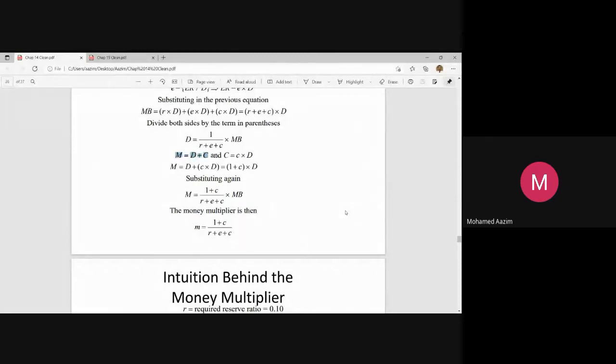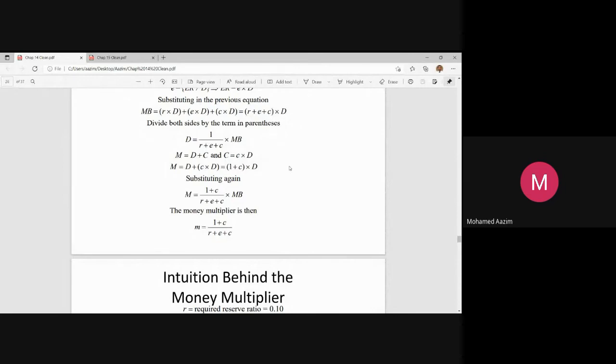So you already know this component. This is the currency ratio times deposits is the currency. So you are now trying to expand this C with this component. Okay. So small c, the ratio, times the deposits would define what is the currency held in people's hands, currency holdings.